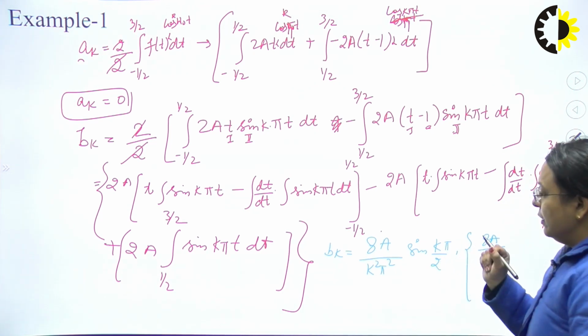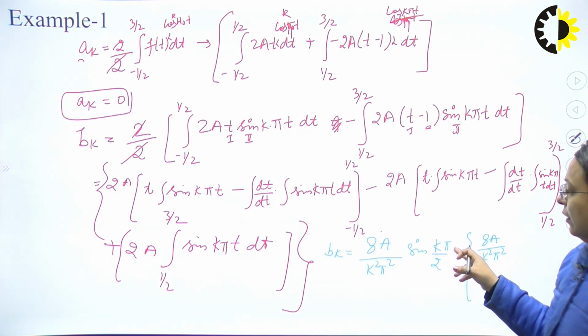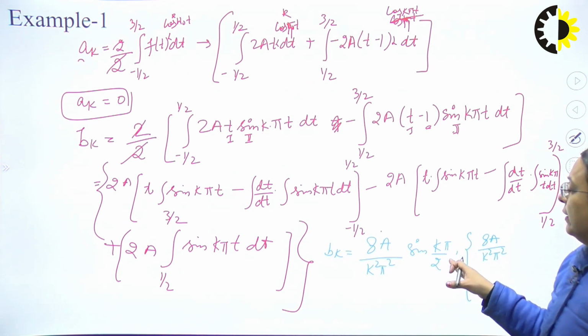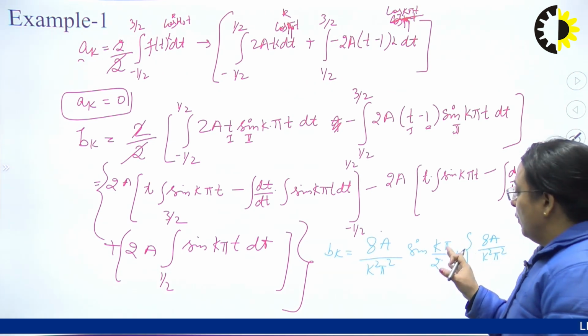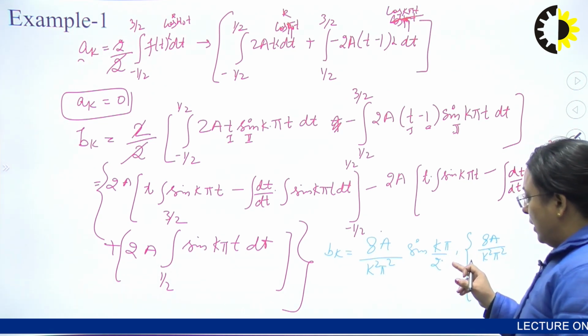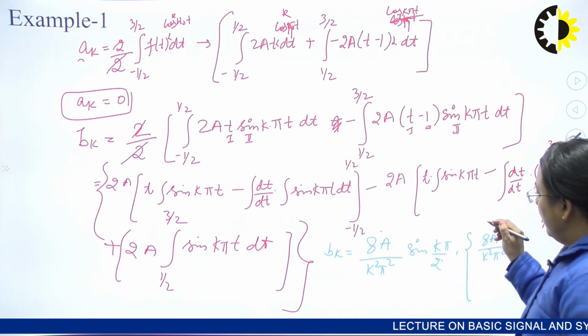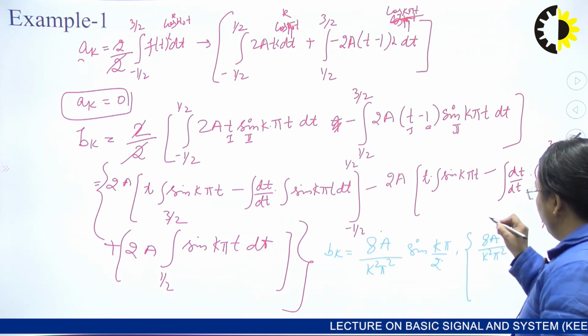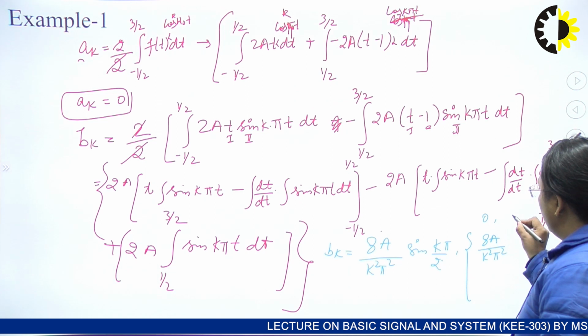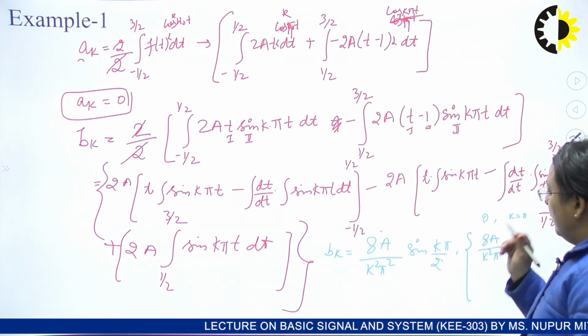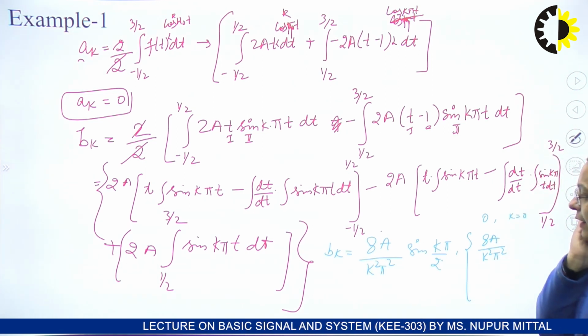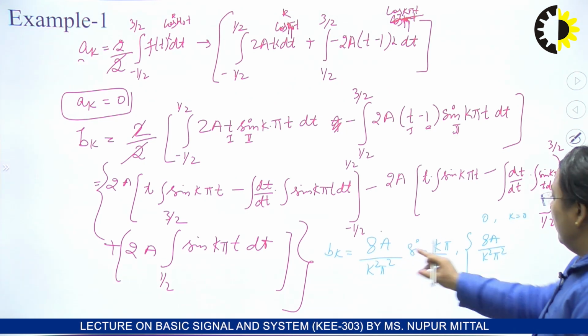If I put k is equals to let's say odd 1, then sine 90 is 1. Let me, sine 90, k is equals to 0 means sine 0 is 0, right? For k is equals to 0, the term is coming out to be 0. For k is equals to 1, sine 90 is 1, then it is coming out to be plus.